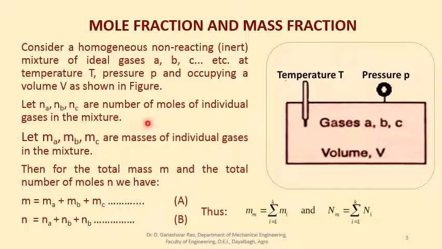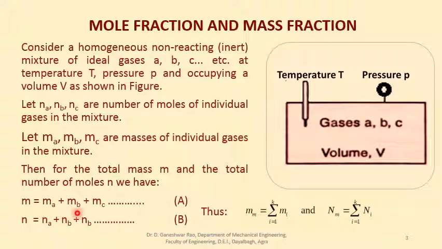Now every individual gas has a certain number of moles which will not be equal, which will depend on the mass of individual gases. So let us presume that Na, Nb, Nc are the number of moles of individual gases in the mixture, and corresponding masses of these gases are Ma, Mb and Mc. Right? Now from the conservation of mass, you can say that the total mass of the mixture will be the sum of the individual masses of the components.